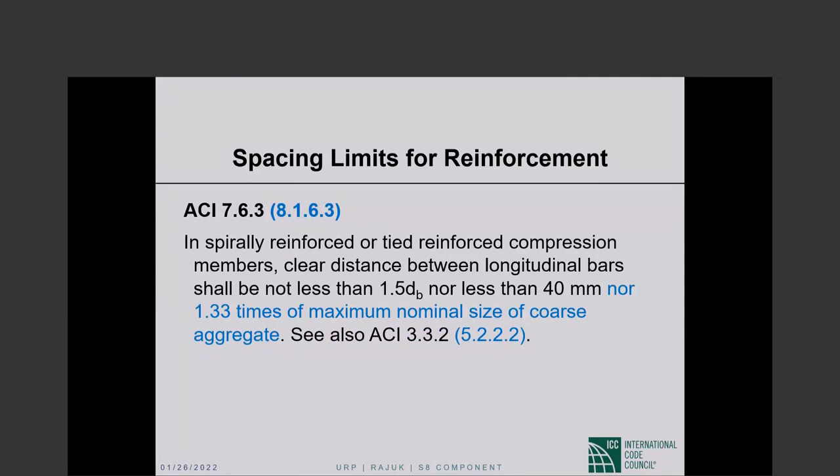The clear distance between longitudinal bars is larger than we just saw. This is now 1.5 bar diameters, not 1 bar diameter, 40 millimeters rather than 25 millimeters, but that has not changed. 1 1/3 times the maximum nominal size.